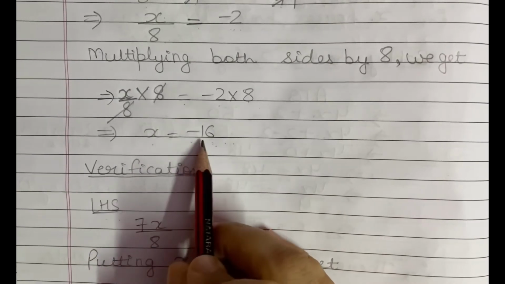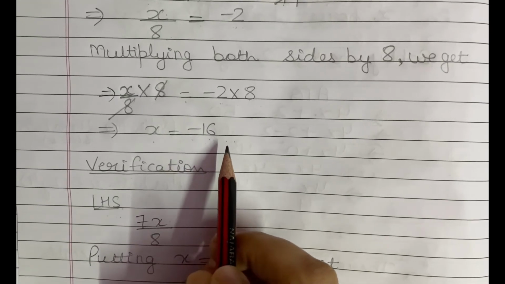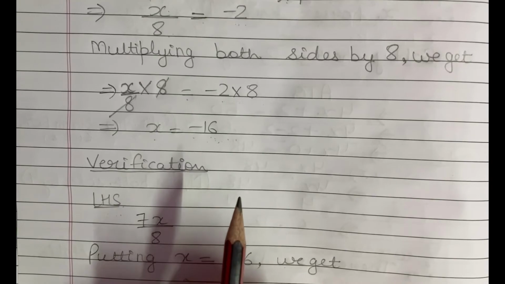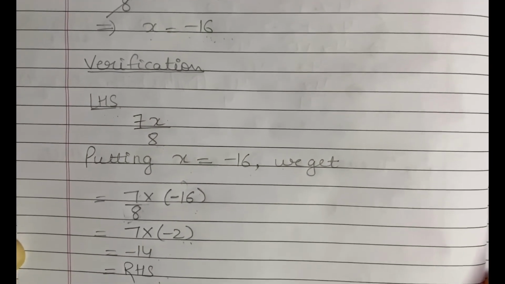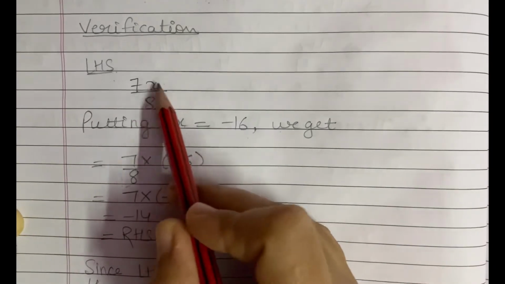So x is equal to minus 16 is the solution of the equation. Now students, in the question it is also mentioned that we have to do the verification. So for doing the verification we will take the LHS, and LHS is 7x upon 8.